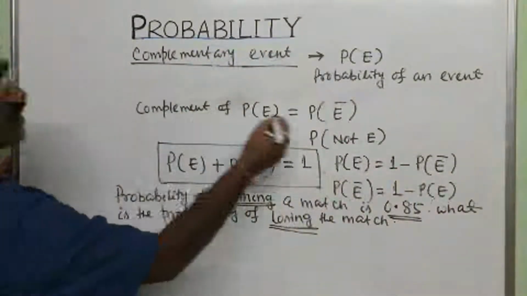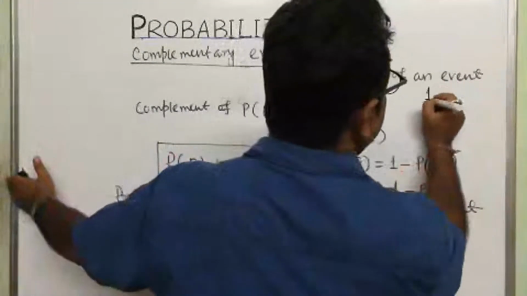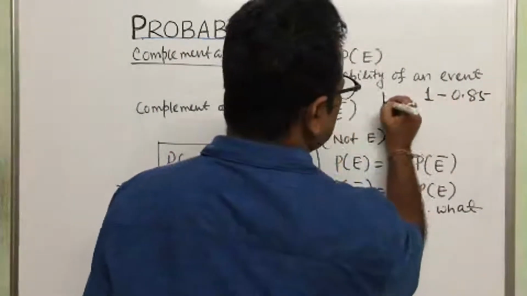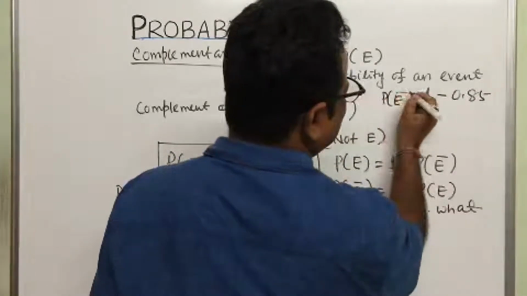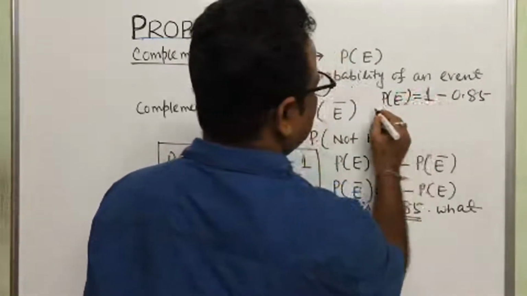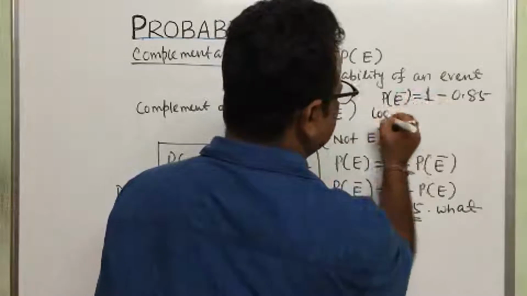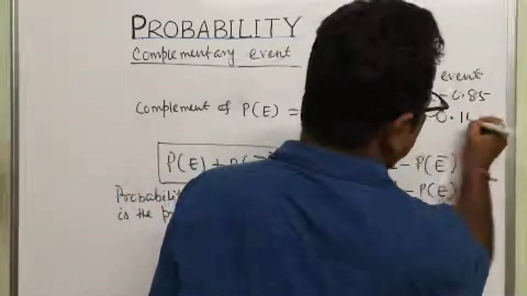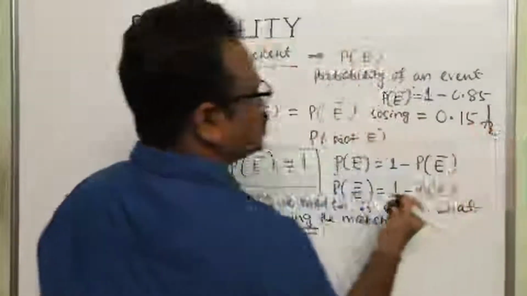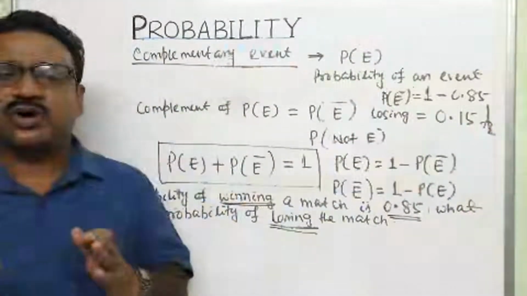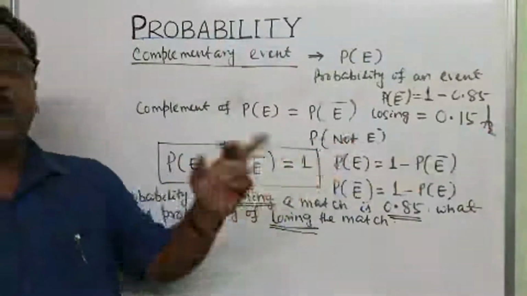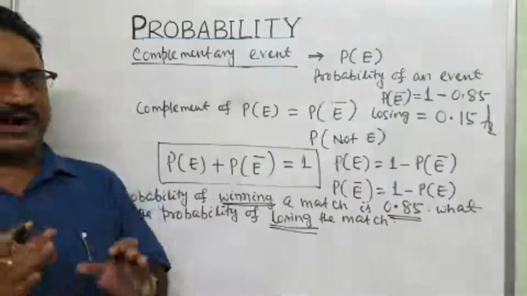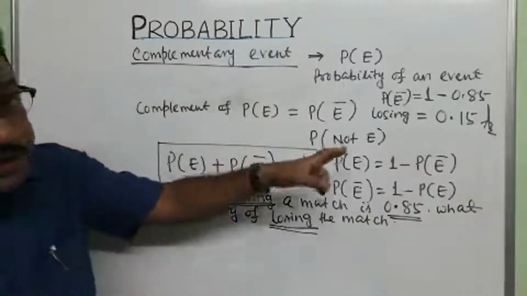So 1 minus 0.85 is losing. P(E bar), meaning probability of losing, is equal to 0.15. This is the answer. So the probability of losing the match will be 1 minus 0.85, which is 0.15.